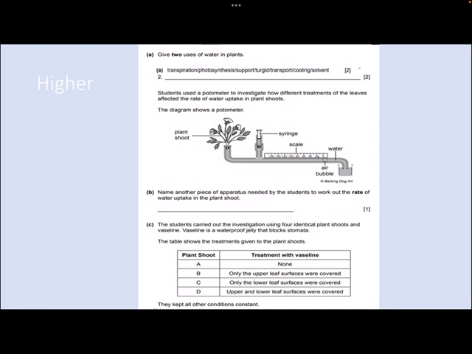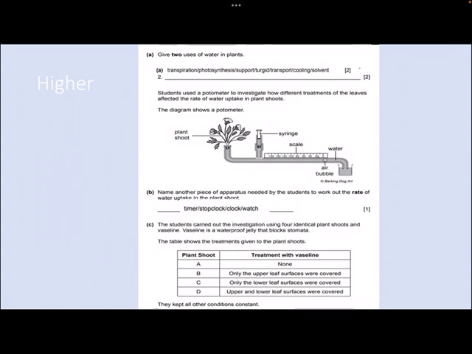So students used a photometer to investigate how different treatments of the leaves affected the rate of water uptake in plant shoots. The diagram shows a photometer. Name another piece of apparatus needed by the students to work out the rate of water uptake in the plant shoot. Well, to work out rate, we also need to measure the time, so you would need a stop clock or a stopwatch.